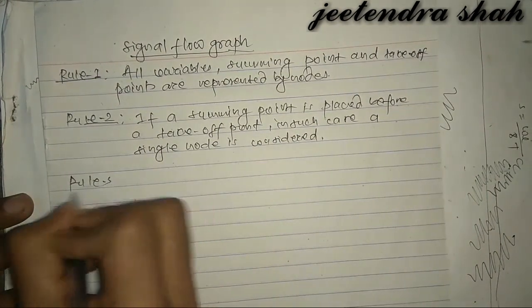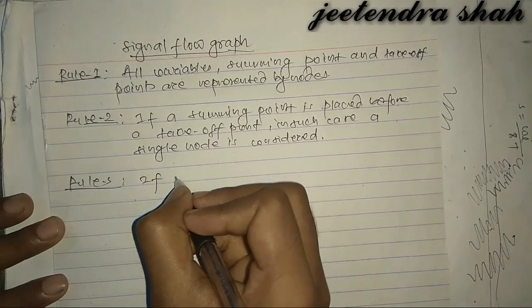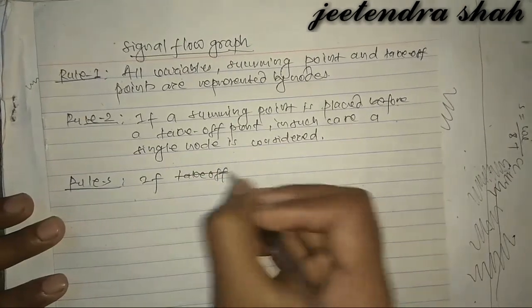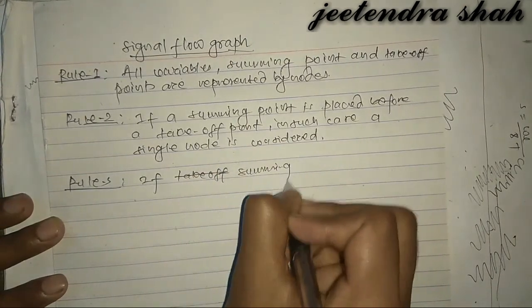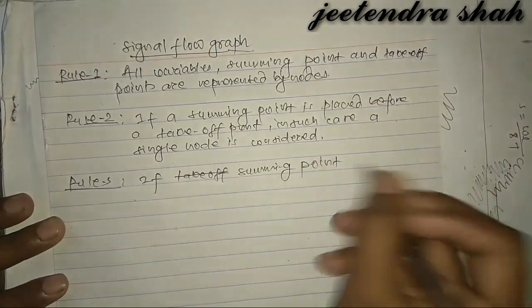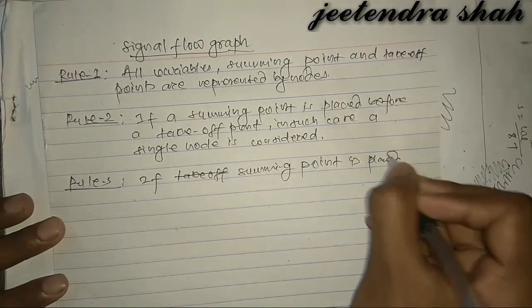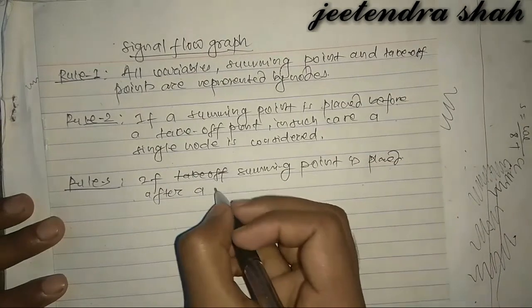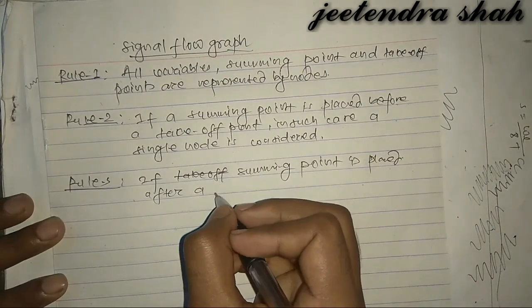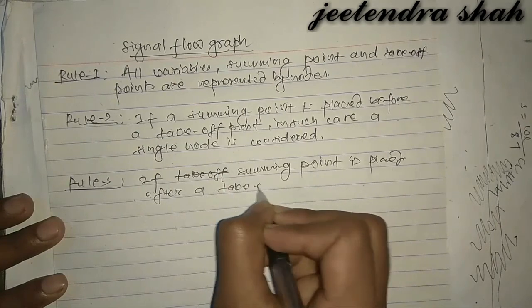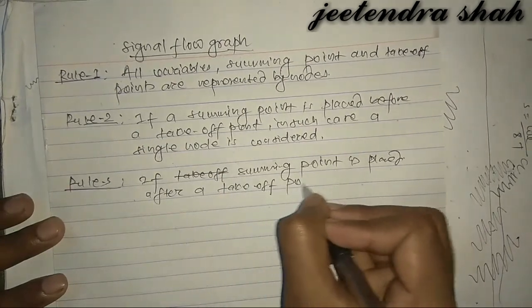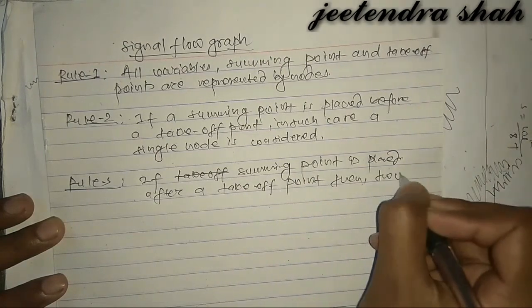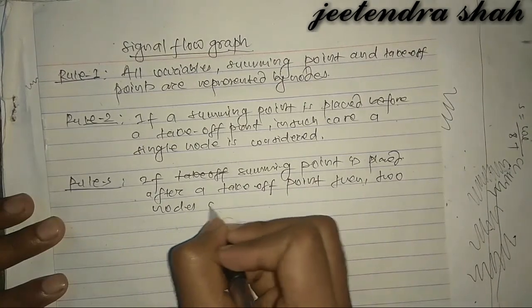And similarly we have rule third: if a summing point is placed after a takeoff point, then two nodes are considered.